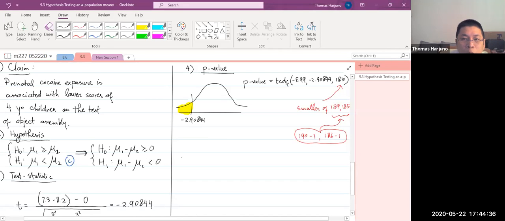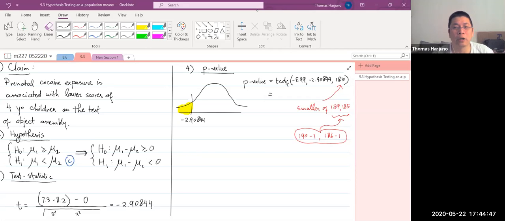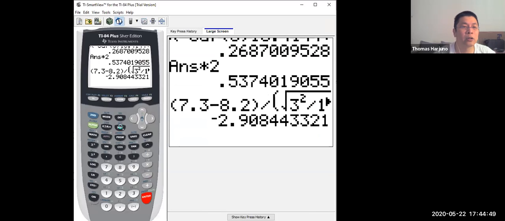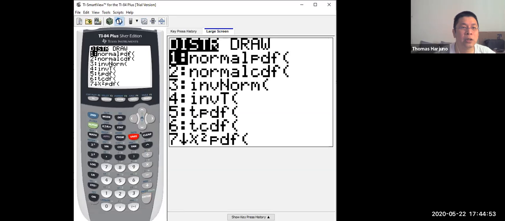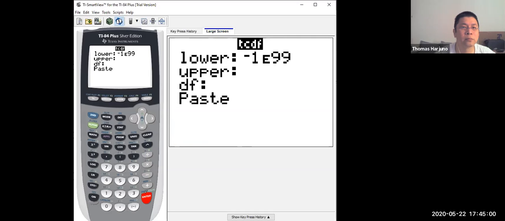And the conclusion will be, I wonder what's that? I'll use my calculator here. So I will get to TCDF, the lower is that.